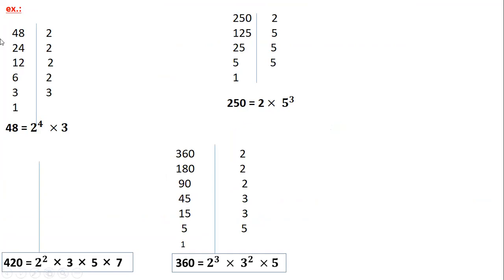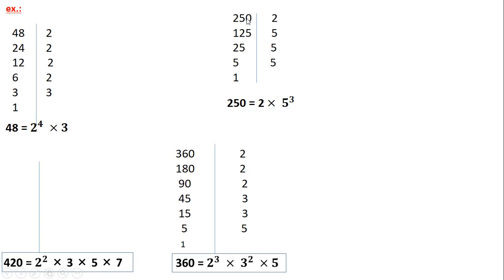So 48 divided by 2 gives me 24. 24 divided by 2 gives me 12. 12 divided by 2 gives me 6. 6 divided by 2 is 3. 3 is not divisible by 2, so 3 divided by 3 is 1. As you can see, all the numbers here are prime. So 48 is equal to, how many 2's do we have? 2 times 2 times 2 times 2. We write it as 2 to the power 4 times 3. These are the prime factors of 48.